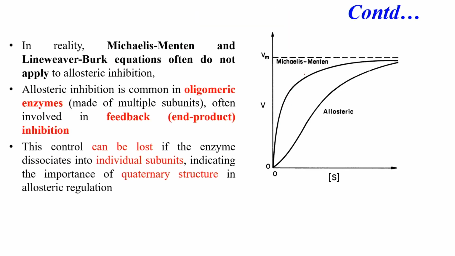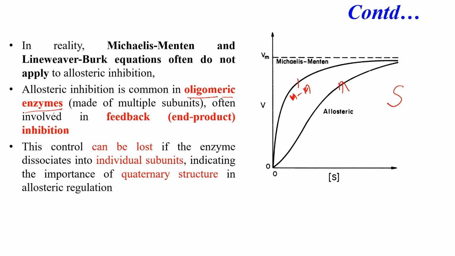So, you can see this is a Michaelis-Menten curve, and this is the allosteric one following an S-shaped sigmoidal curve.